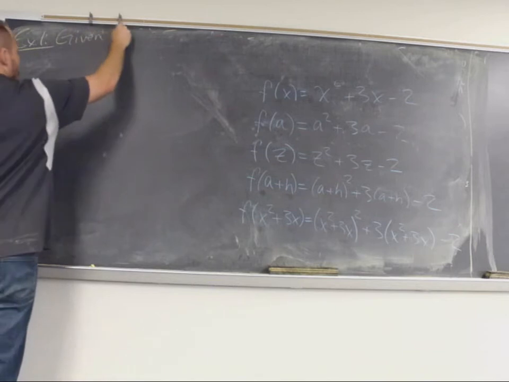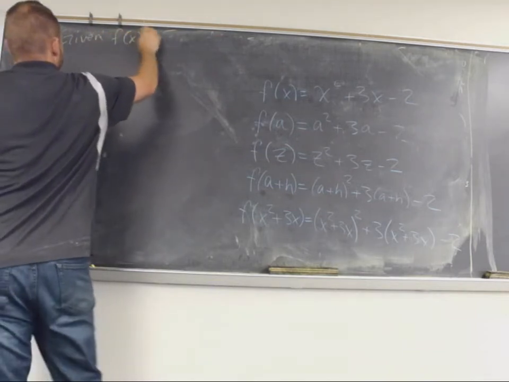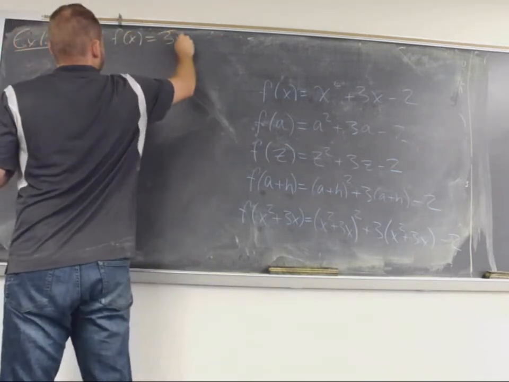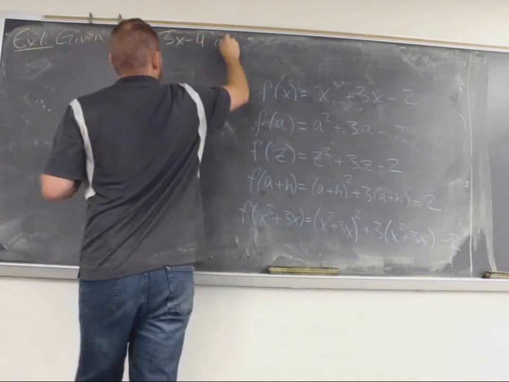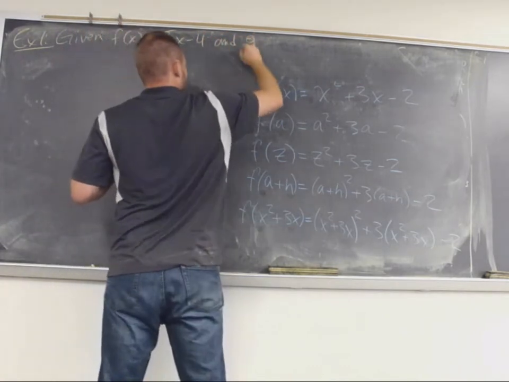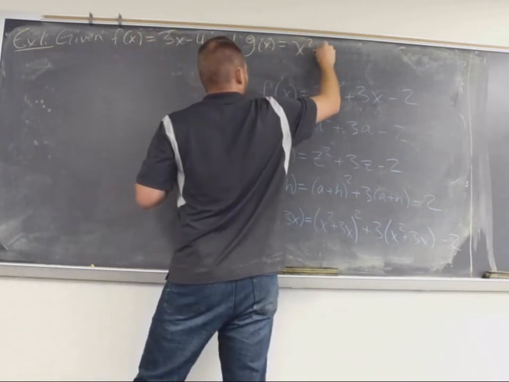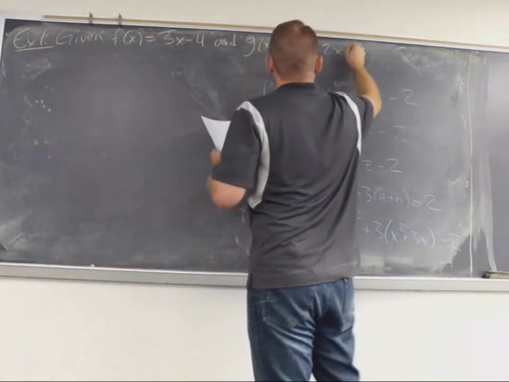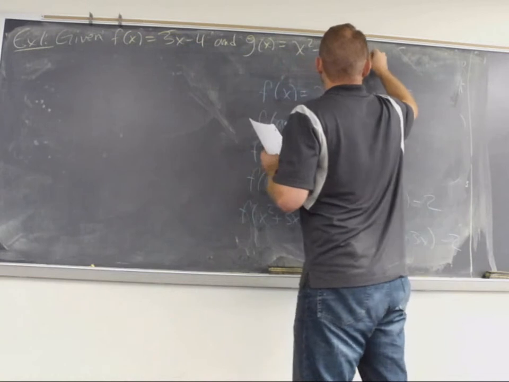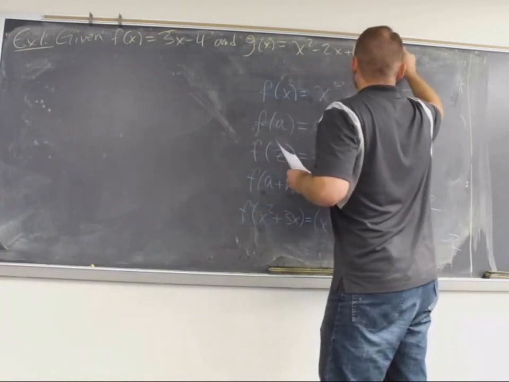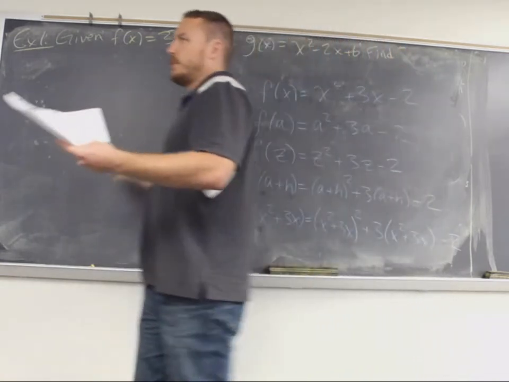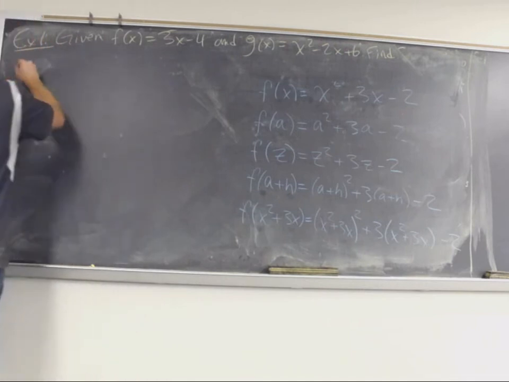Given f of x equals 3x minus 4 and g of x equals x squared minus 2x plus 6, find the following.